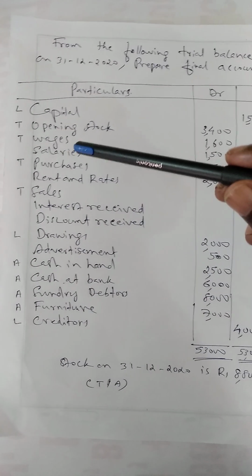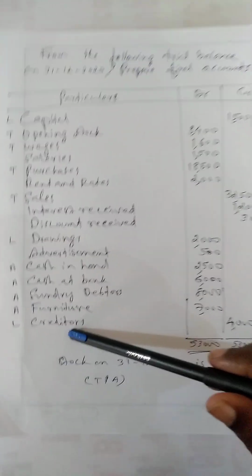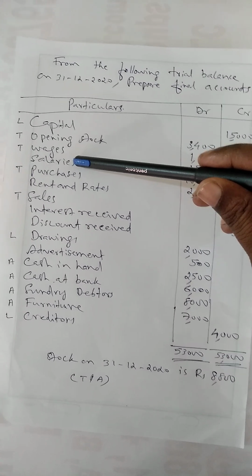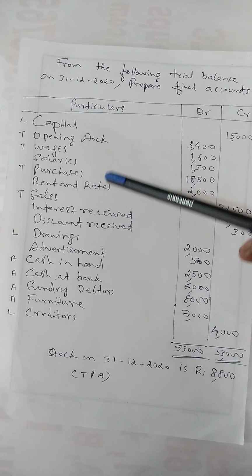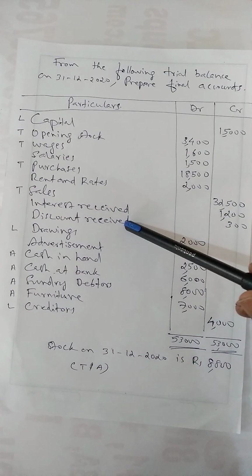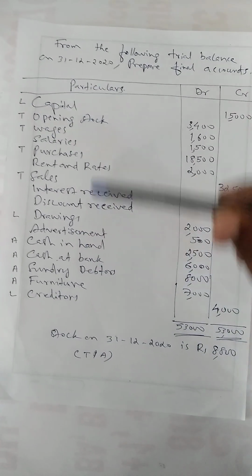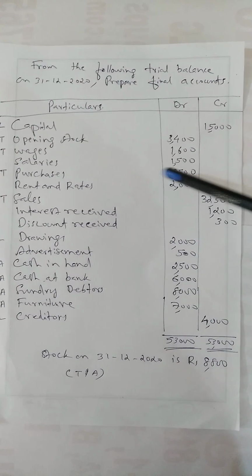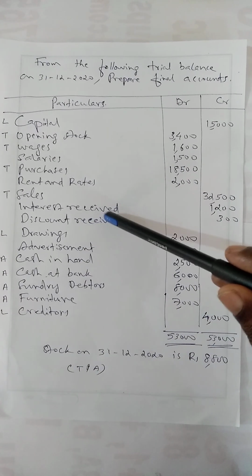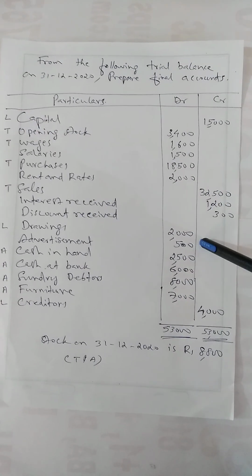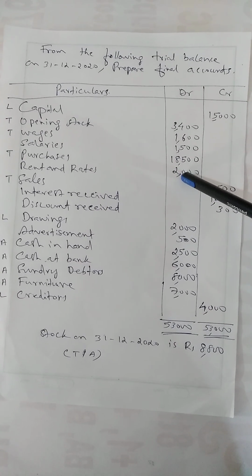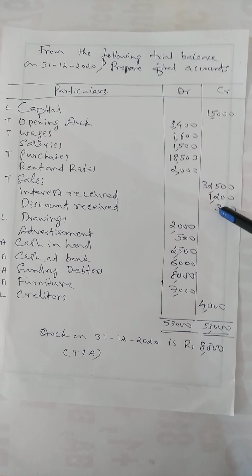I already told you that the unmarked items represent profit and loss account, isn't it? What are the unmarked items? Salaries, rent and rates, interest received, discount received, advertisement. Okay, here the amount of some items are shown on the debit column and the amount of some items are shown on the credit column, isn't it? That means expenses are shown on the debit column, incomes are shown on the credit column.